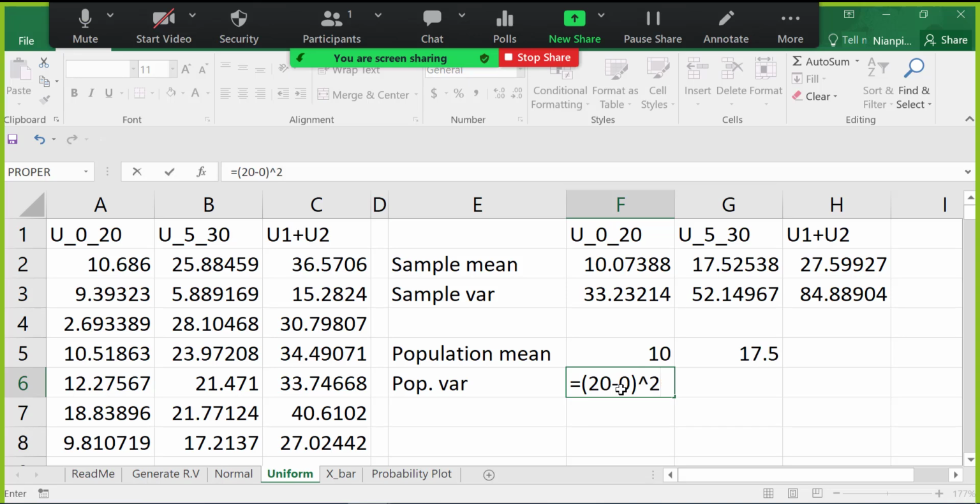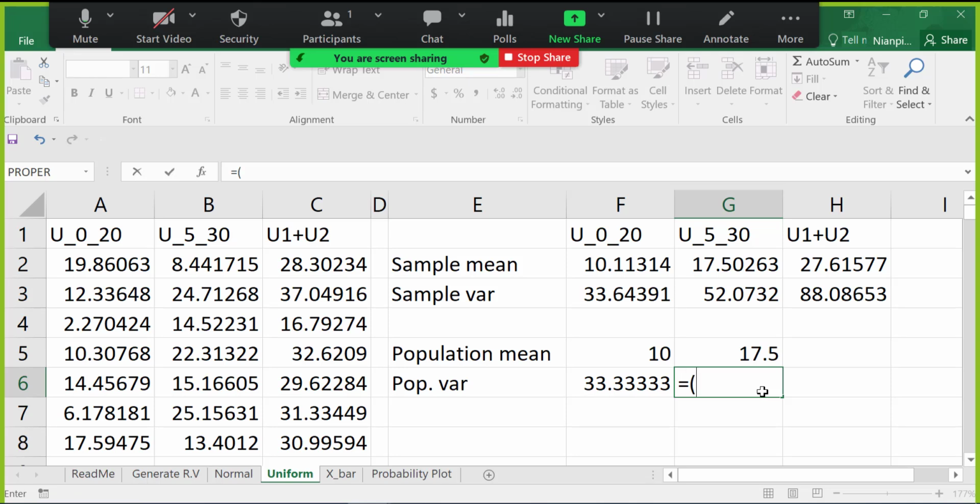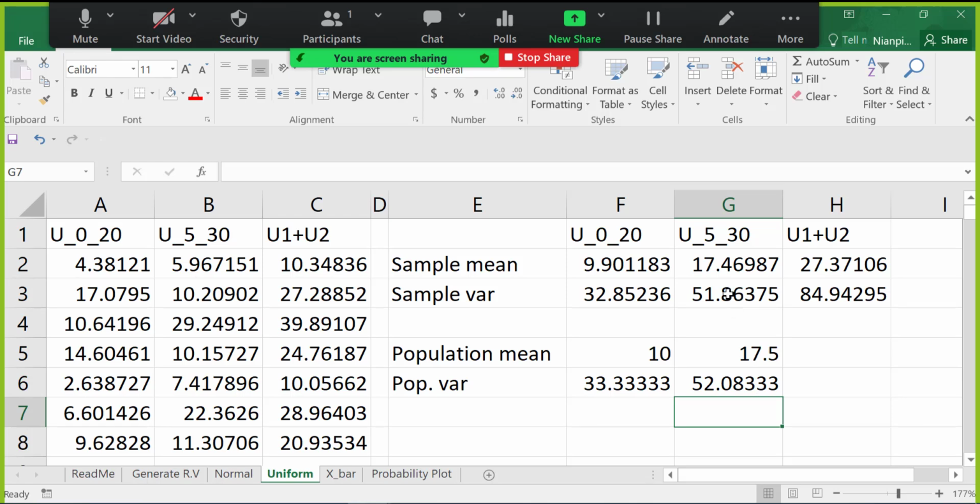Squared divided by 12. So it's quite close, right? The population variance, theoretically calculated, versus the sample of 2,000. And this one, that's (b minus a) squared divided by 12. Okay. It's also quite close.